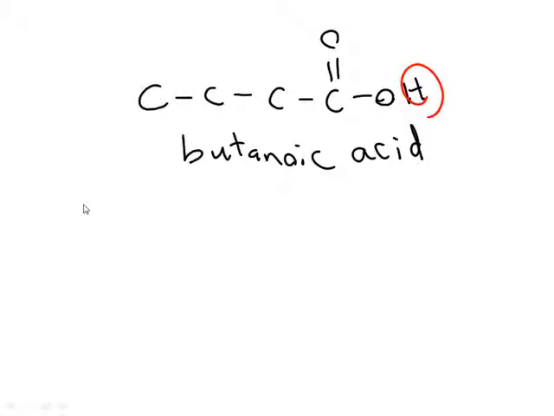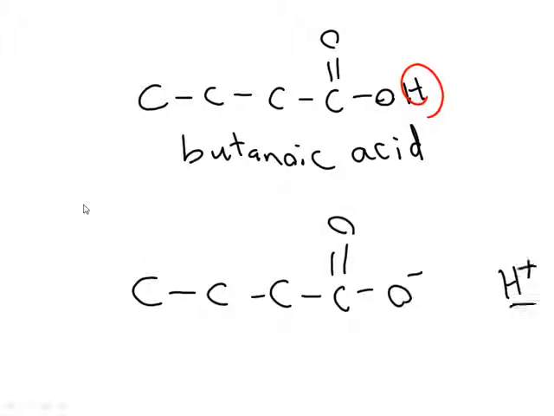Different acids have greater and lesser acidities, but they can always act as acids. When we say that this is acidic, what we mean is that it can donate that proton off to a base. So that proton goes away and leaves an ion. So the H plus leaves a negative charge on the resulting ion.